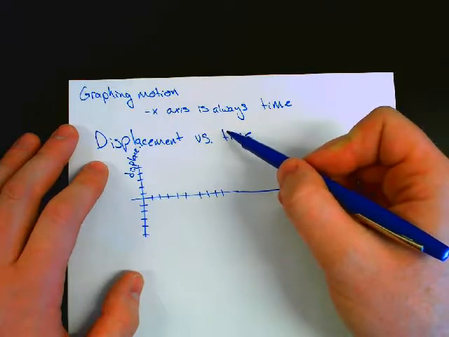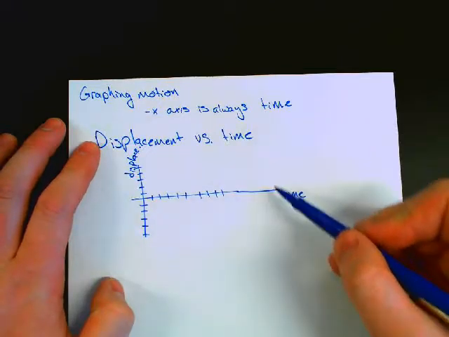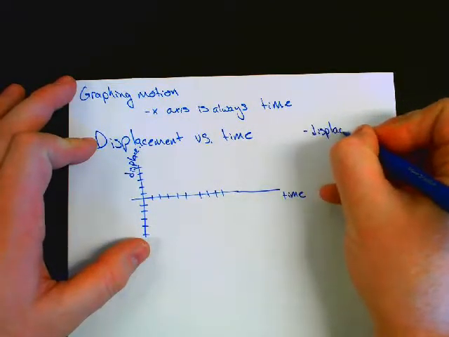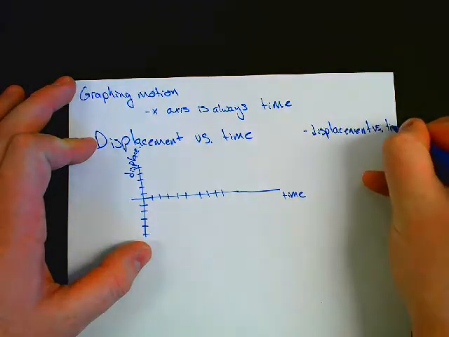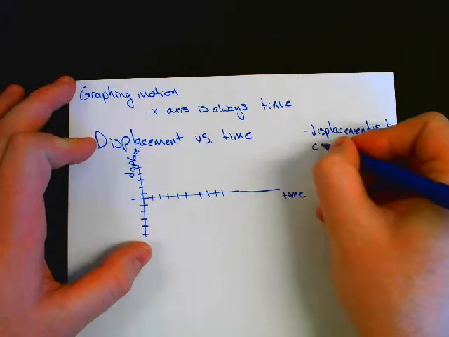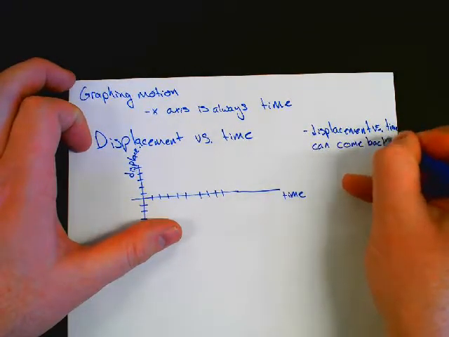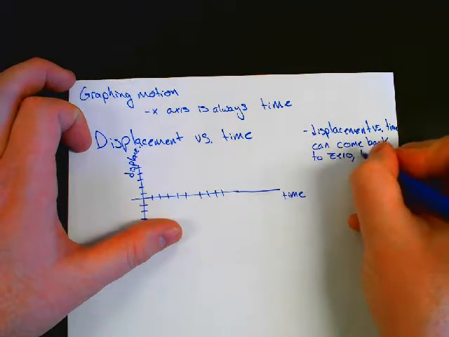Displacement versus time picks one location that's 0 and can come back down. So displacement versus time can come back to 0. Distance cannot.